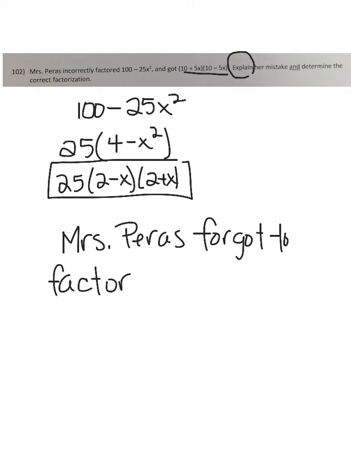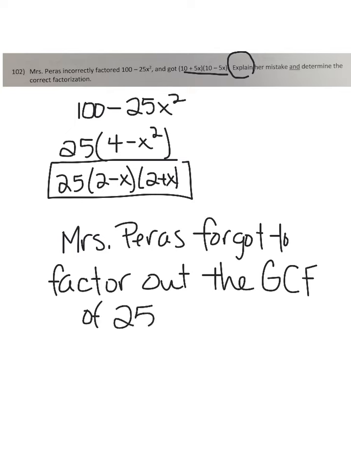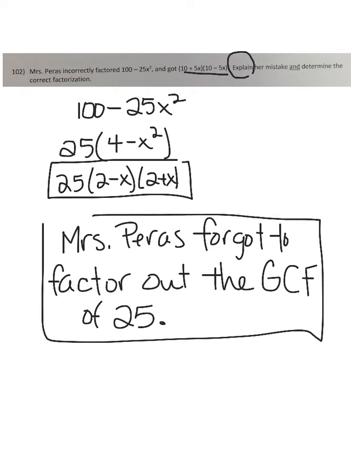She forgot to factor out the GCF, and let's state what it is, of 25. Okay, so this is the explanation, and this is your correct factorization. Okay?